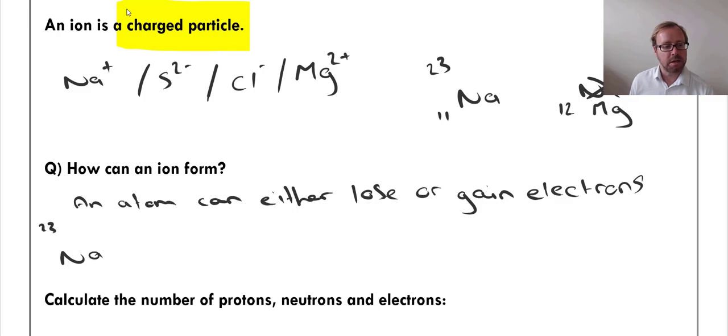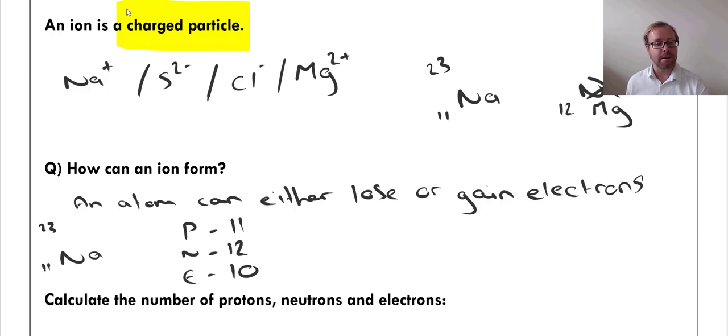Sodium 23 and 11. So we have 11 protons. Now to get a positive charge, it must mean that I lose a negative charge. So that means I must lose one electron. So my proton number stays the same, my neutron number, 23 minus 11, let's try and work that out, is 12, and the electron number must be 10.